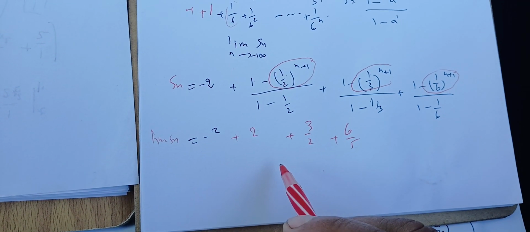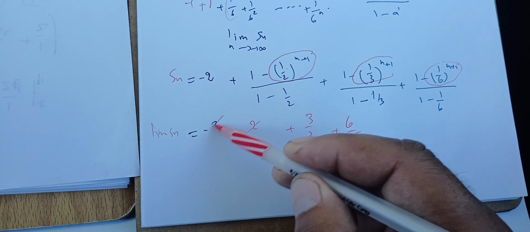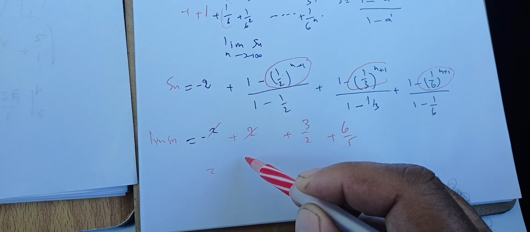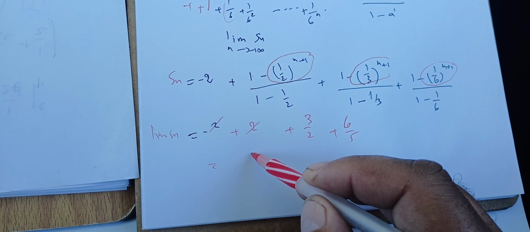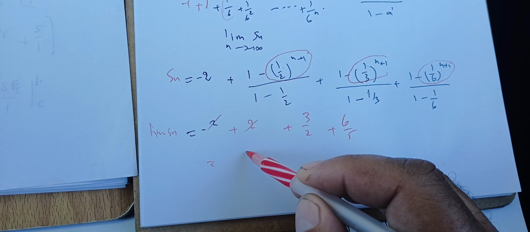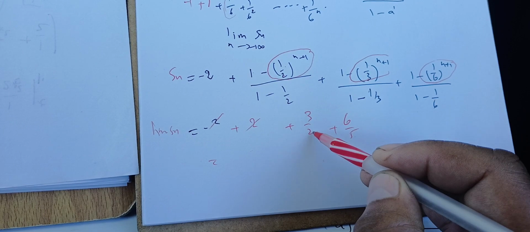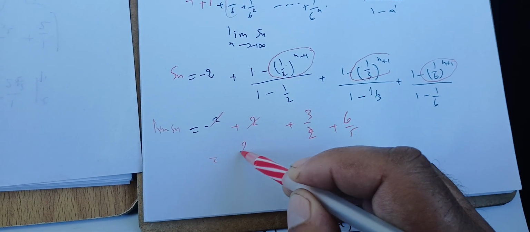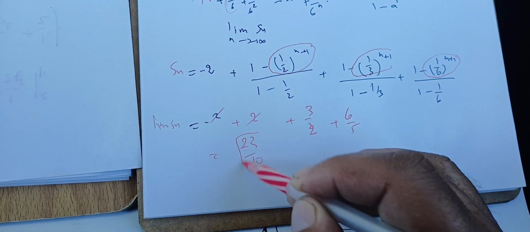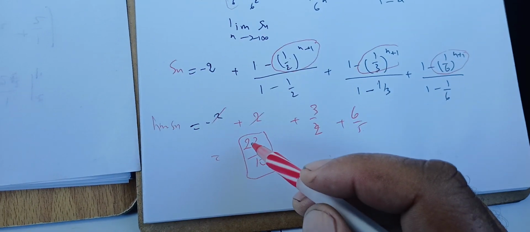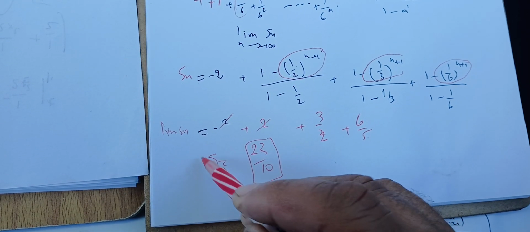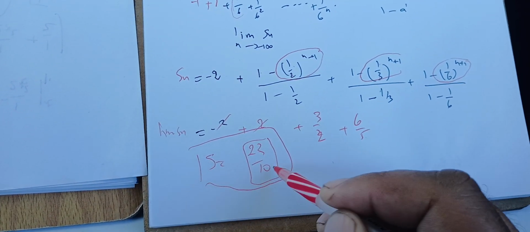Now we get rid of this. All we are left with is 15 plus 8 over 10, which is 23 over 10. So as n goes to infinity, our sum S will be 23 over 10.